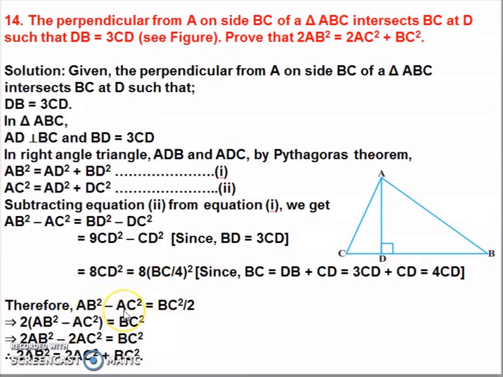So, AB square minus AC square is equal to BC square by 2 after simplifying this. This 2 can be transposed to the left hand side. So, 2 into AB square minus AC square is equal to BC square. So, 2AB square minus 2AC square is equal to BC square, or 2AB square is equal to 2AC square plus BC square.